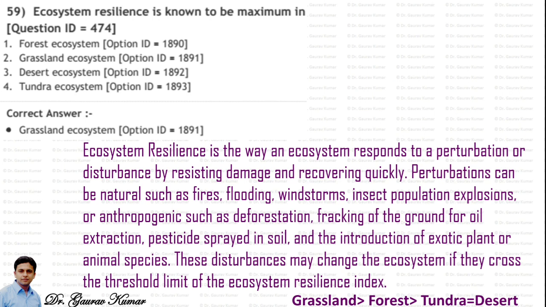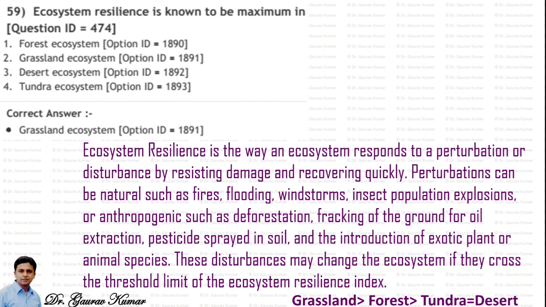Perturbation can be natural, such as fire, flooding, windstorm, insect population explosion, or anthropogenic, that is man-made, such as deforestation, fracking of ground for oil extraction, pesticide sprayed in soil, and the introduction of exotic plant or animal species. These disturbances may change the ecosystem if they cross the threshold limit of the ecosystem resilience index.